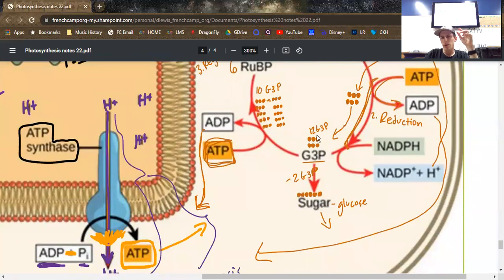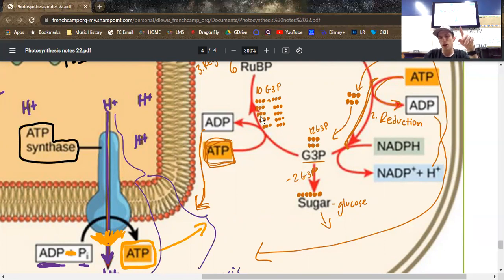And so we have 12, we lose 2 to make this sugar, this glucose. Glucose then leaves the cell, or not the cell, but the chloroplast. And it's going to go out usually probably towards the mitochondria so that it can be used for cellular respiration, or it'll be stored. And eventually one of you will eat it and your body will break it down. But once we lose 2, we then go from 12 G3P to 10 G3P.